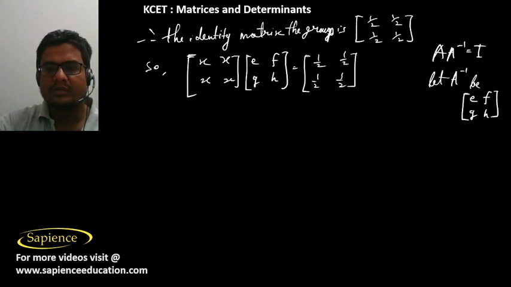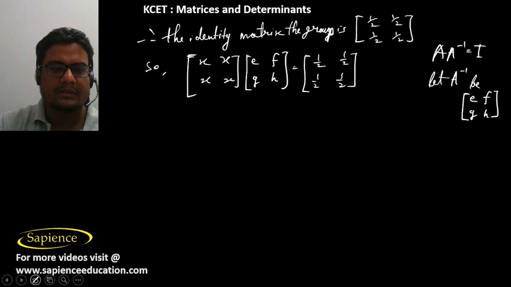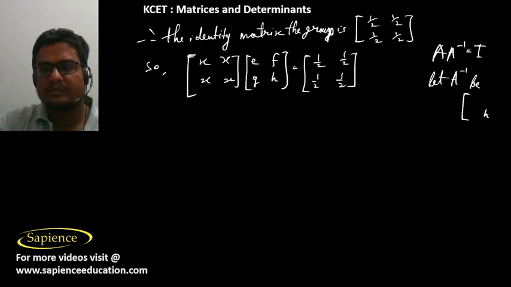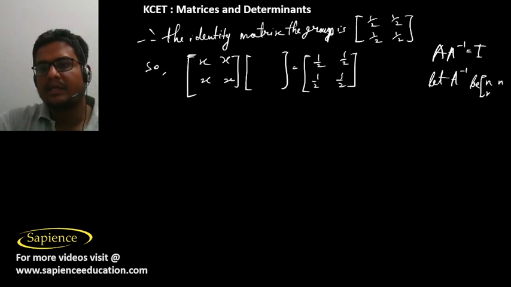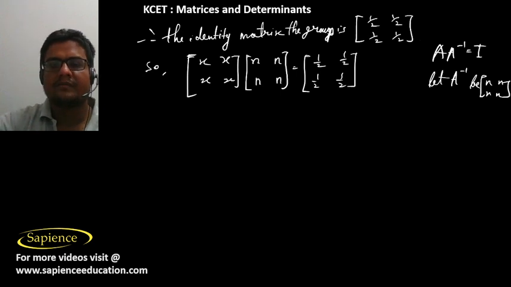Actually all of them should be the same, so suppose we take A inverse as [n, n; n, n].